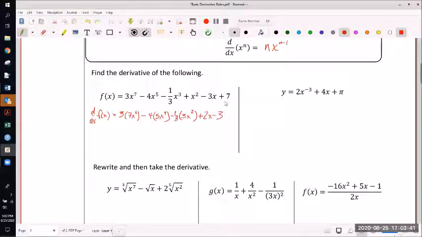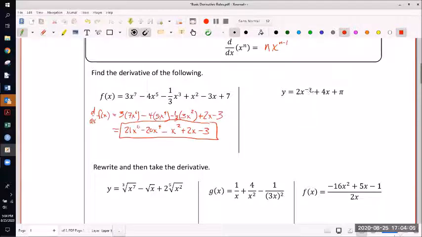And the derivative of the last term is 0 since that's a constant. We can then multiply this through and simplify this all out to get 21x to the 6th minus 20x to the 4th minus 1x squared plus 2x minus 3. And that's our answer.